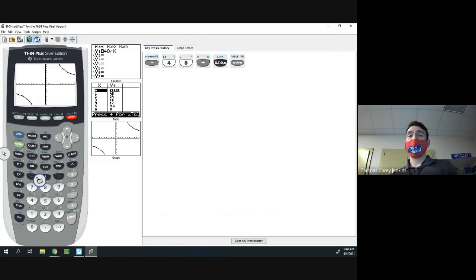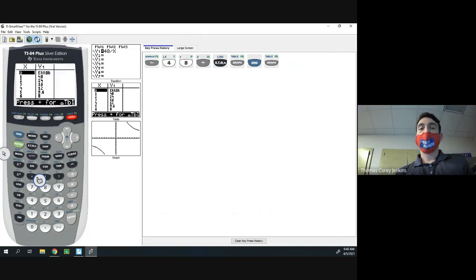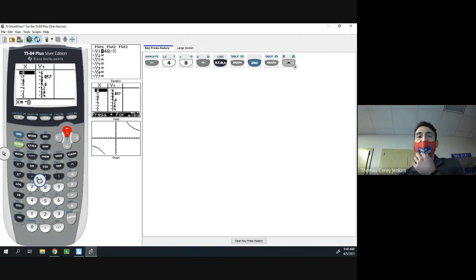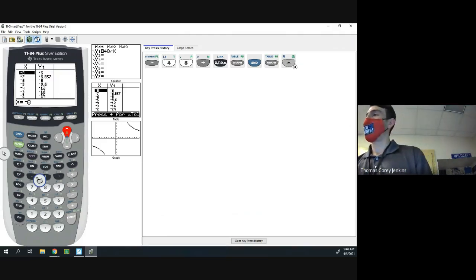Anyways, let's look at some points. I'm going to go to second graph to get to the table and see if there are some points that I could use. Negative 1, 48 is off my graph, negative 2, 24 is off my graph. So let's use these right here: negative 8, negative 6; negative 6, negative 8; and negative 4, negative 12.